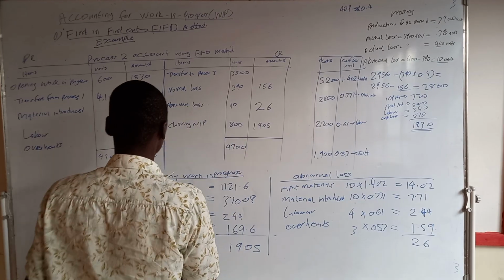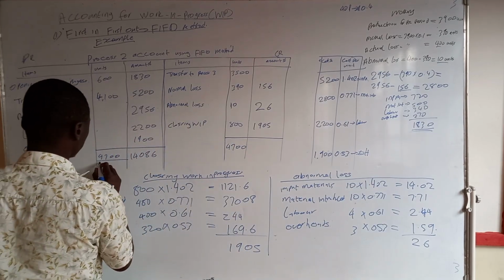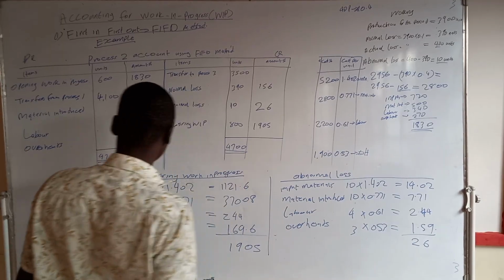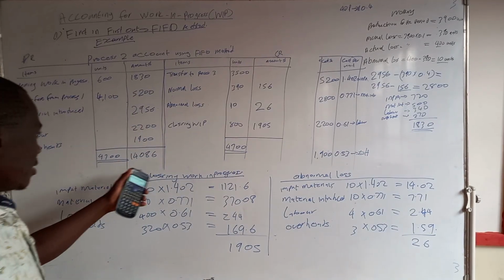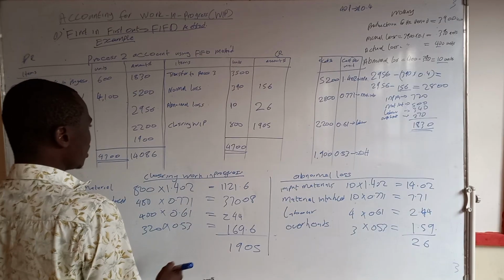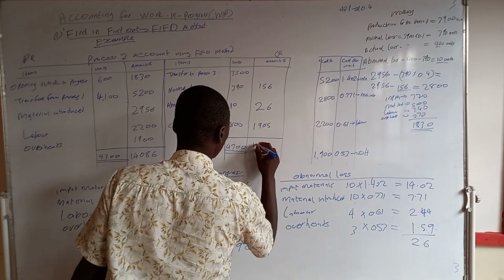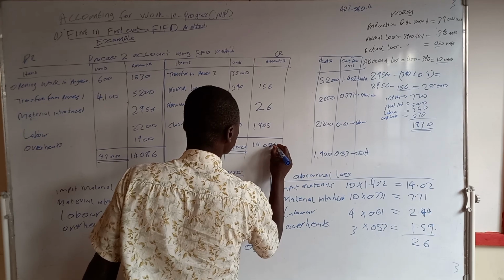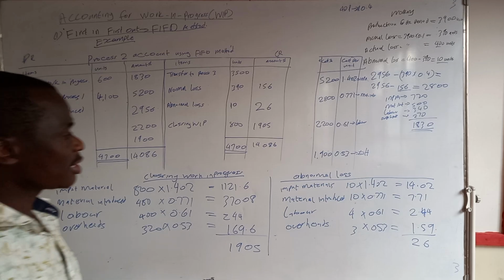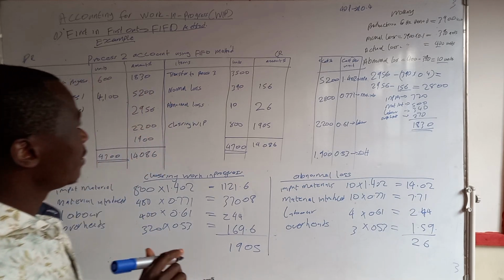This also has to balance. So here we also have 14,0.86. So transfer to process 3, the product transferred to process 3.